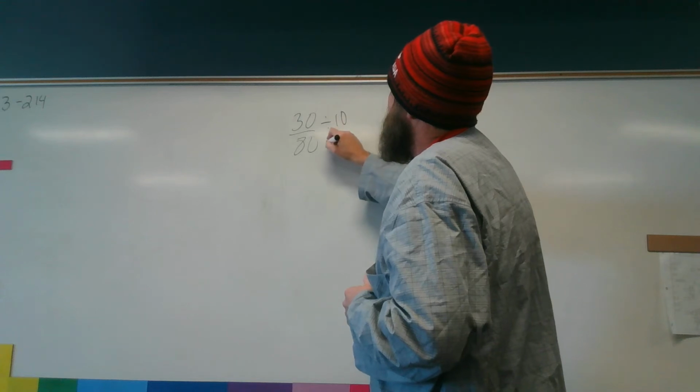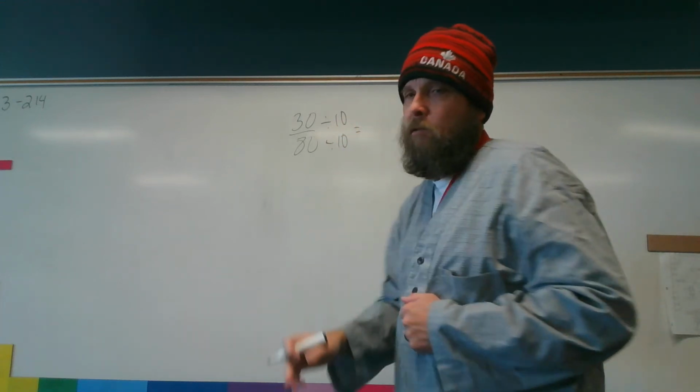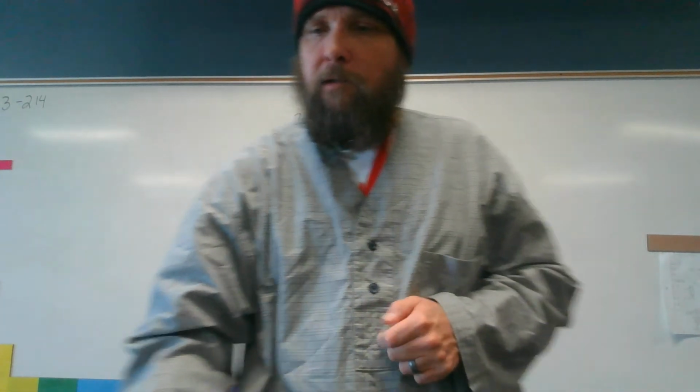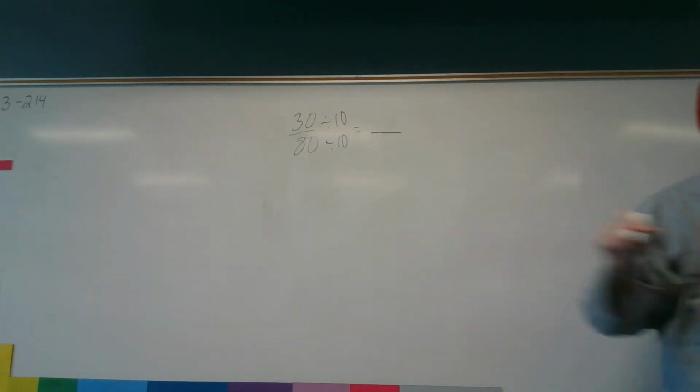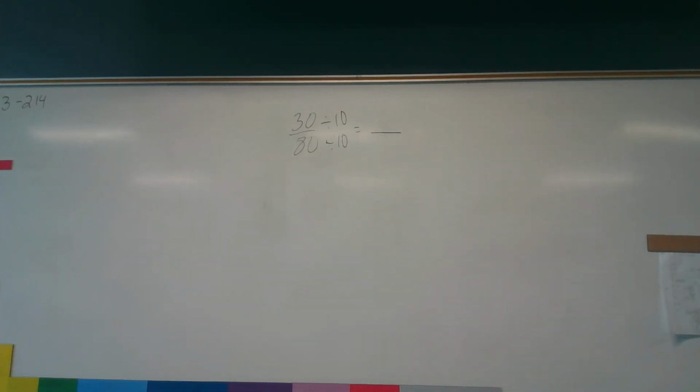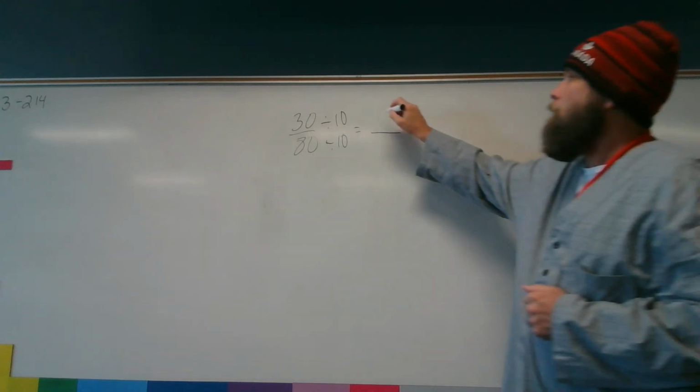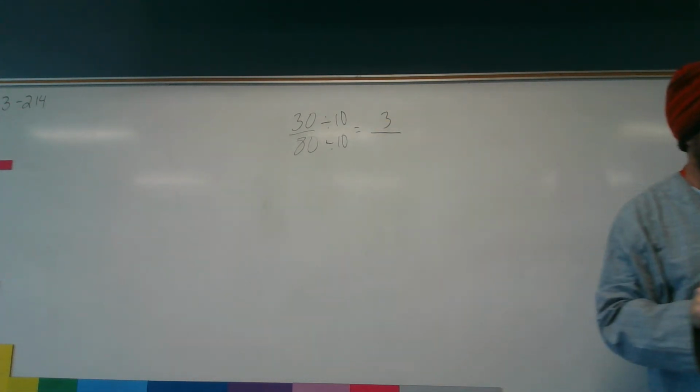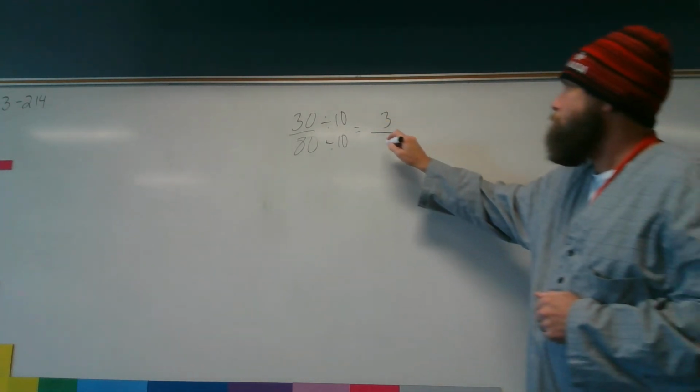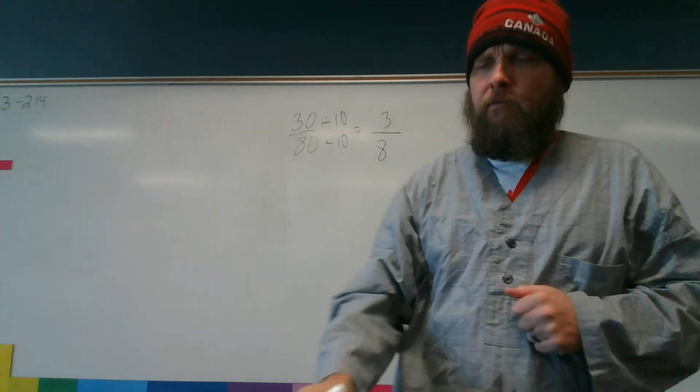So I can divide both of these by 10. And Lena, what is 30 divided by 10? 3. And Lena, what is 80 divided by 10? 8. 3/8.